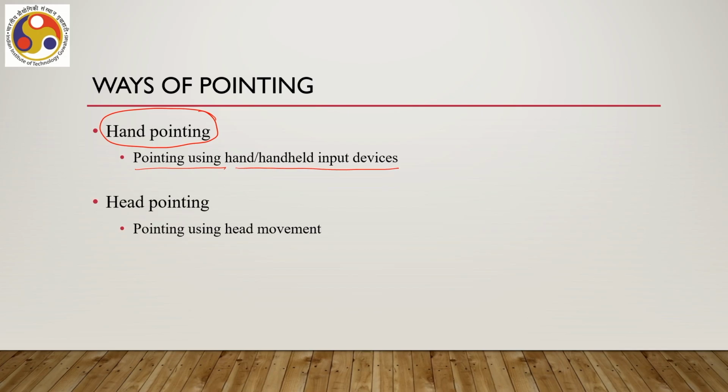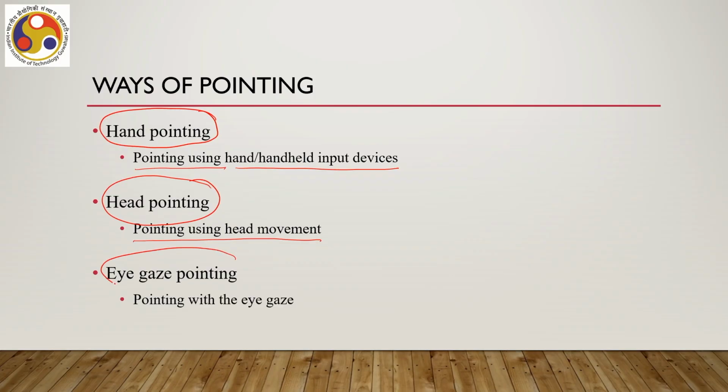But apart from hand pointing, there can be other types of pointing as well. Say for example, head pointing. Here the pointing is done using head movement. So, the ray extends from the head position into the distance, and as we move the head in the virtual world, the corresponding ray moves so that we can select. So, there we do not need our hand to extend the ray and select an object.